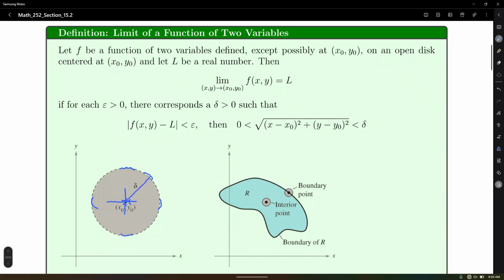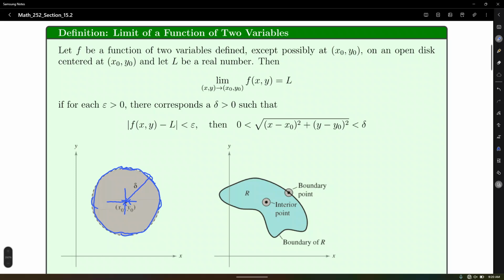Regardless of the path that you choose to approach that point, this is what creates this open circle right here, right? It's no longer an interval plus or minus delta anymore. It's actually an open disk of radius delta. That's what it is this time, right?